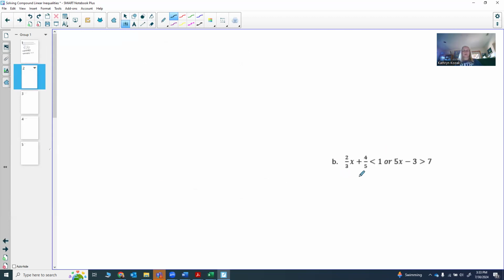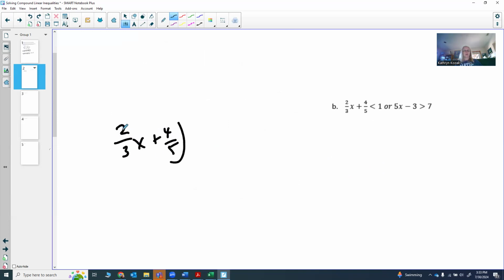Now let's try another one. Let's say we have 2/3 x plus 4/5 is less than 1, or 5x minus 3 is greater than 7. So for the first one, let's get rid of the fraction by multiplying both sides by 15.